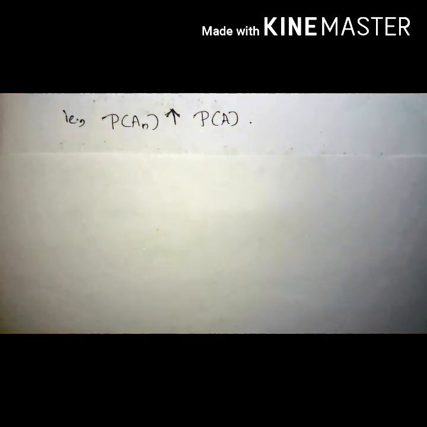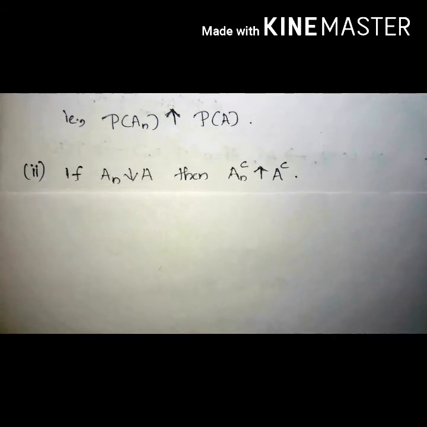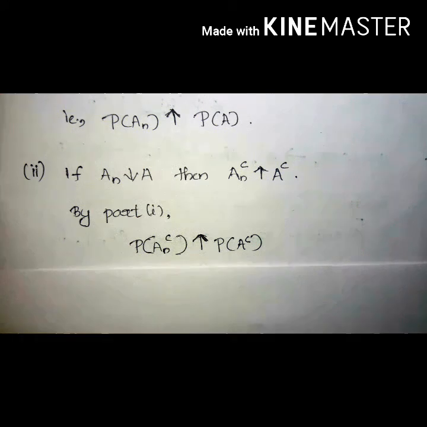Now we want to prove the second one, that is, if An decreases to A, P of An decreases to P of A. Let's see, if An decreases to A, then An complement increases to A complement. Now we can apply part 1, that is, P of An complement increases to P of A complement.